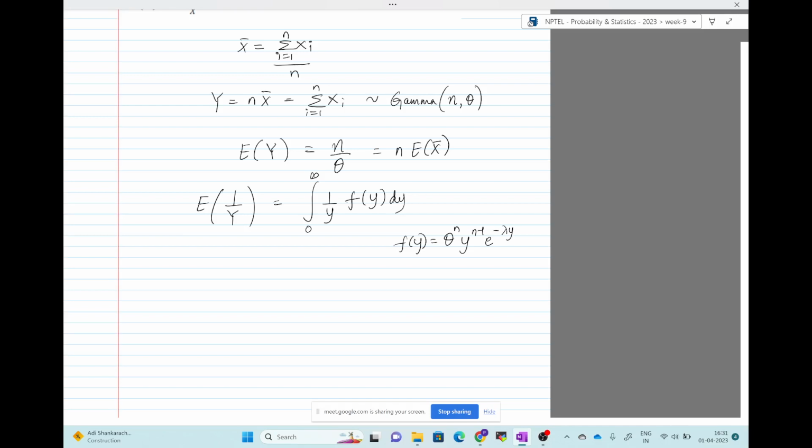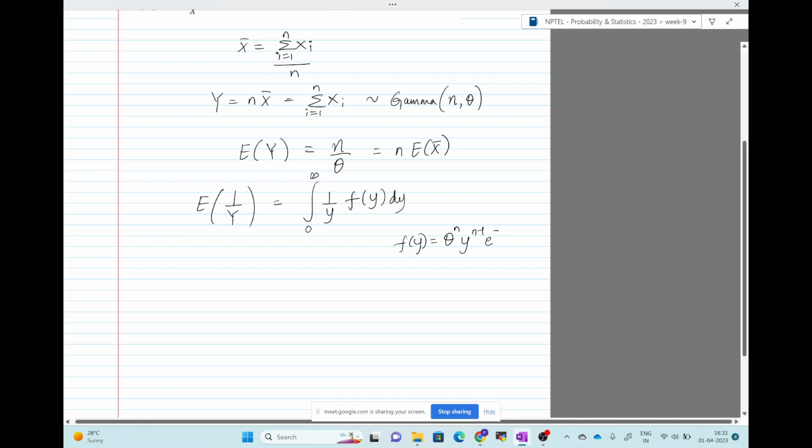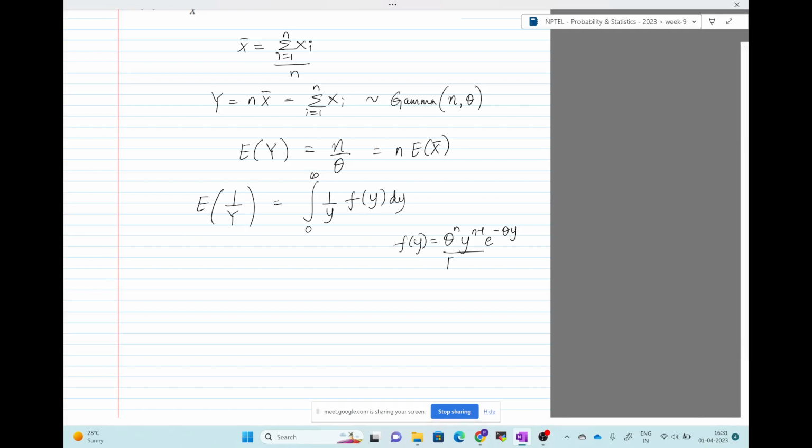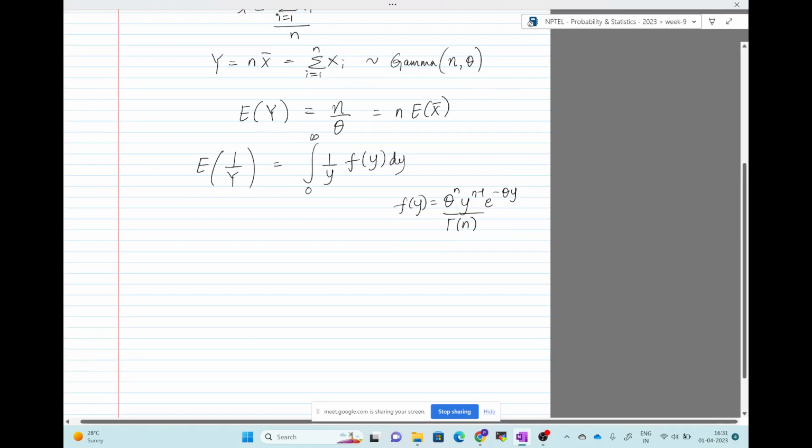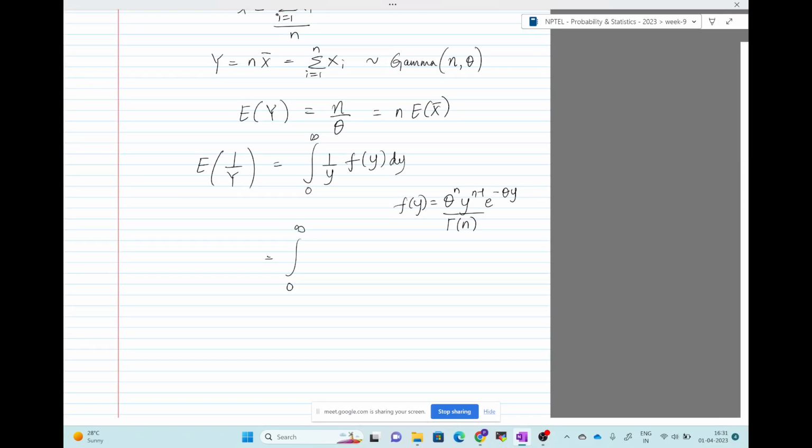What is lambda? The arrival rate, so it will be theta in our case. Okay, cool. So if we substitute this, what do we have?